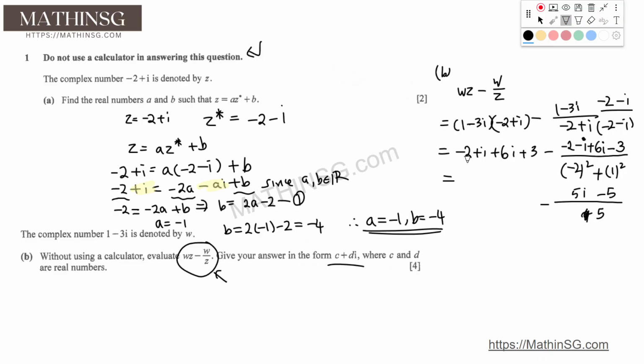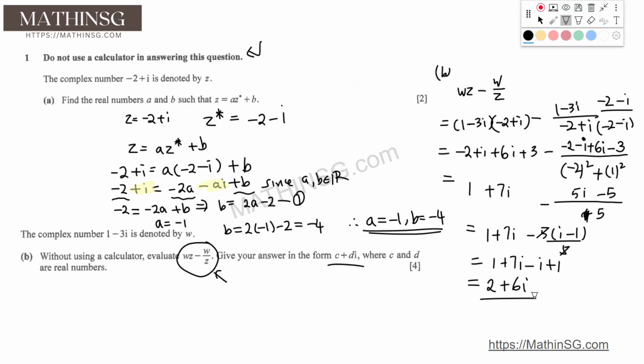Then here I have 1 plus 7i. So that is my answer, 2 plus 6i.